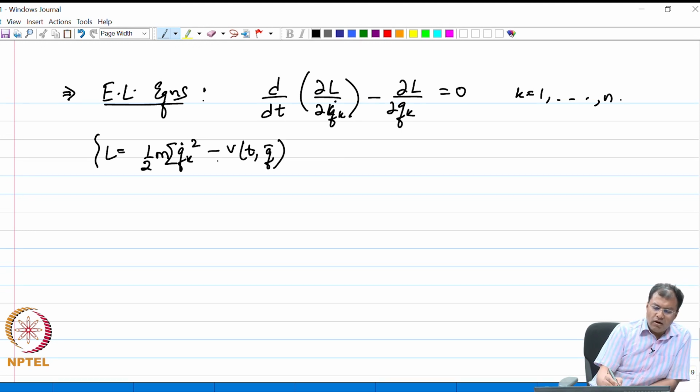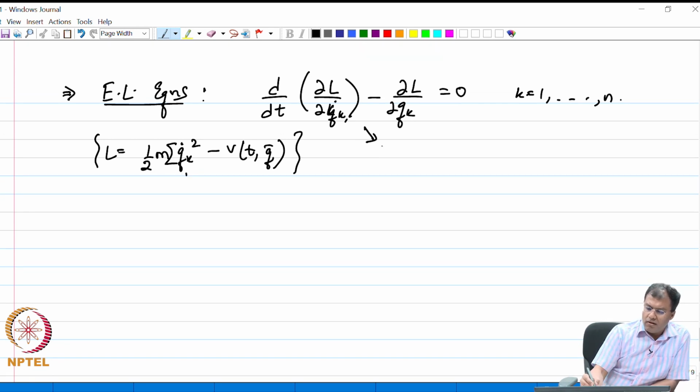Why minus? Because as we increase the coordinate of the particle, physically it is assumed that the potential energy decreases. So, it has an inverse relation. So, L is the Lagrangian, and when we plug in, we see that in the first partial, q k dot only appears in the first term, that is the kinetic energy.